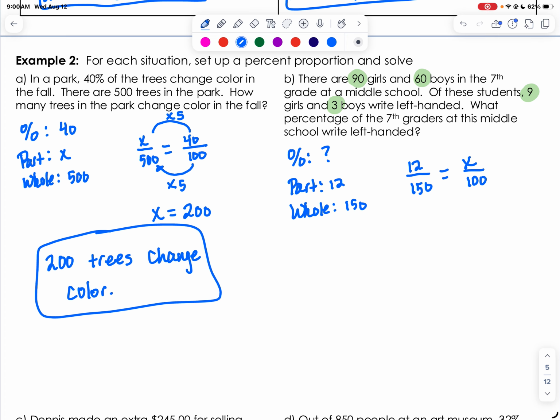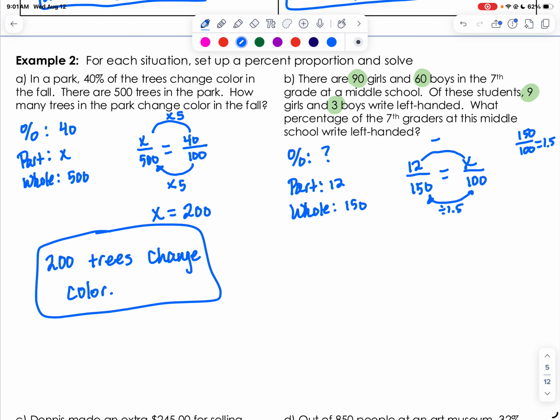All right, so I want to get my scale factor here. So 150 divided by 100 is 1.5. Oh, we need to go the other direction. I'm going from 150 to 100. So I would have to divide 150 by 1.5.